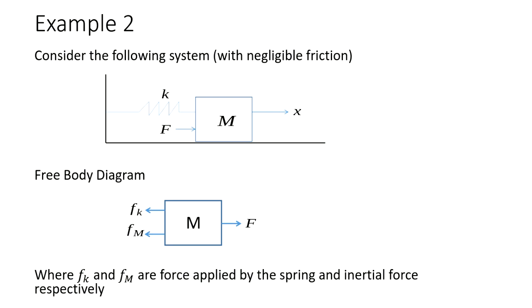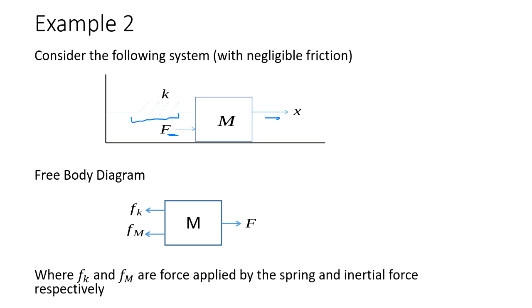Again, let's look at this one. You need to look first. You see, we have the force due to the spring, we have an applied force, and then this is the direction of motion.